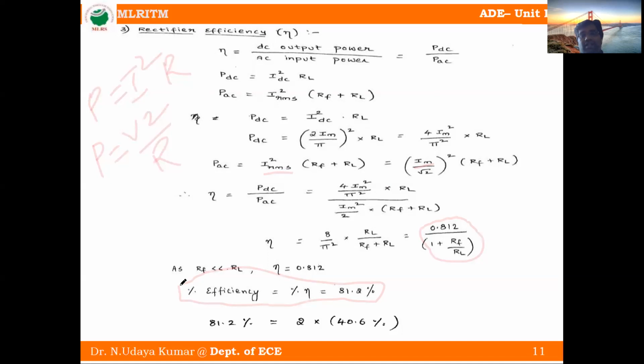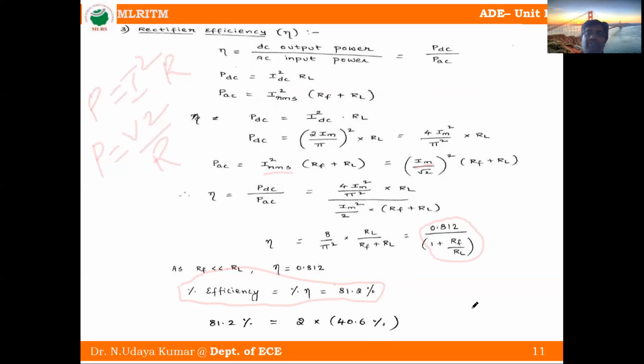Compared to this, we know the half wave rectifier efficiency is 40.6%. The full wave rectifier efficiency is twice that of the half wave rectifier.